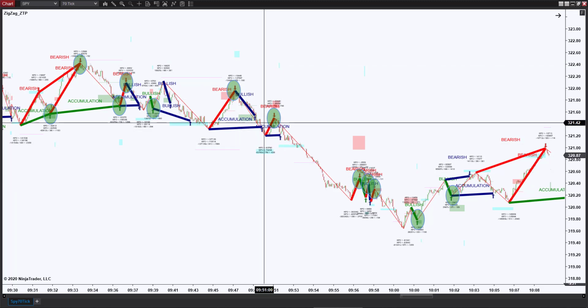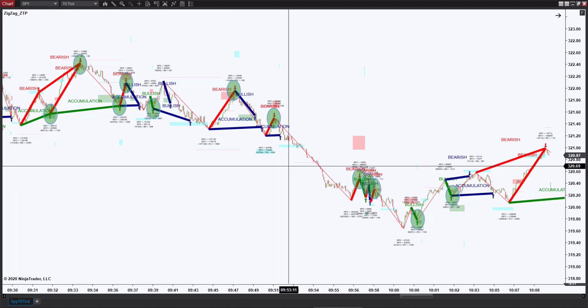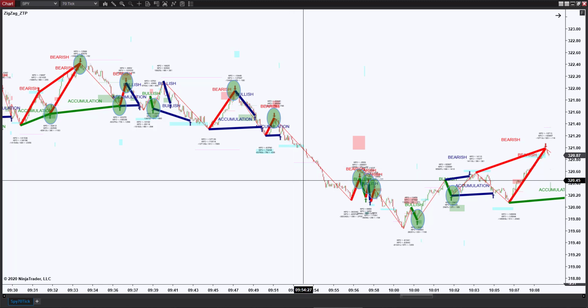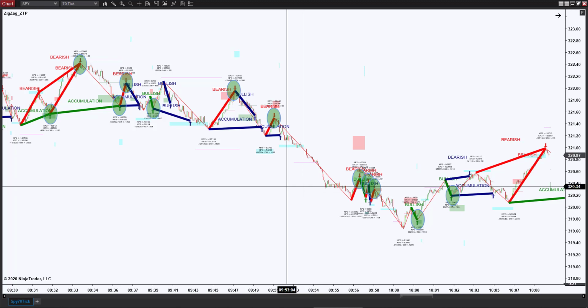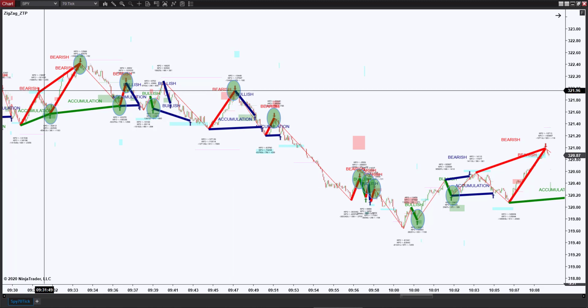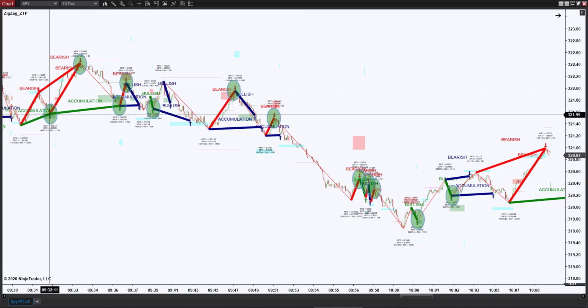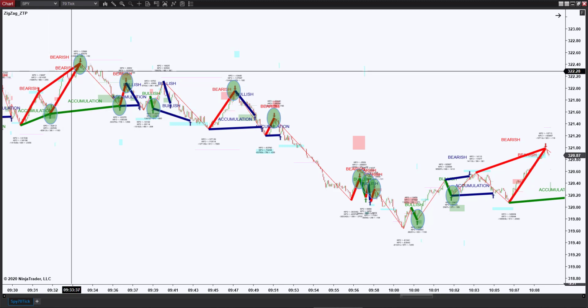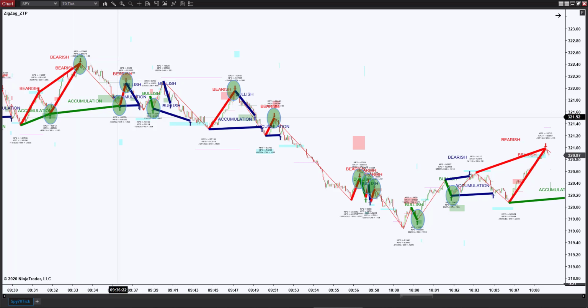Now, what is interesting about this setup is that we don't see very many false signals. And I've been personally trading this for the past 2 weeks. The biggest problem that I had trading it was if I was in a trade, such as if I had shorted back here and I was given the accumulation signal here, and I was maybe 1 or 2 ticks from getting filled, suddenly price went higher and I was wondering why I hadn't hit the close button on the trade.